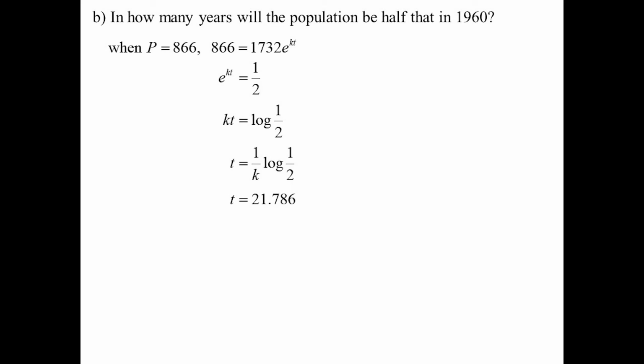21.786. So this is always an interesting question. In how many years will the population be half? Well, I'm going to say in 22 years. That's kind of easy because it said 21.7. If it said 21.2, I'd probably still say 22 years, because at 21 years, it hasn't halved yet.